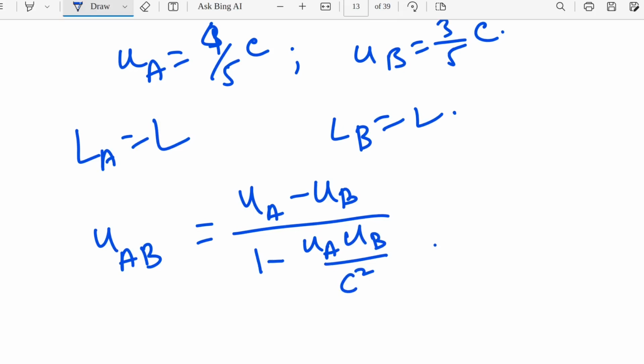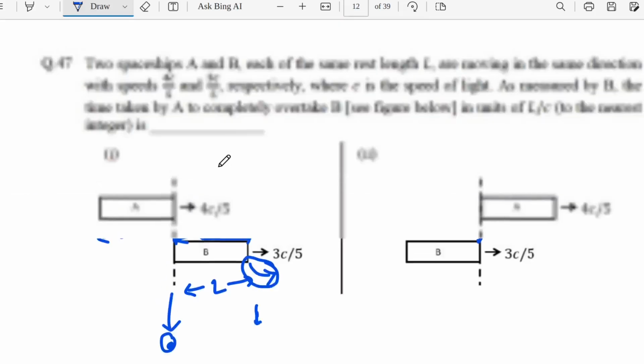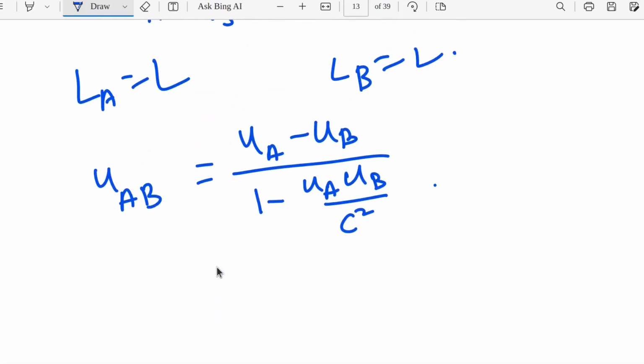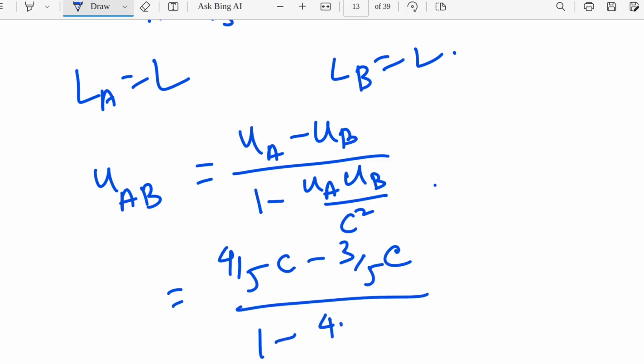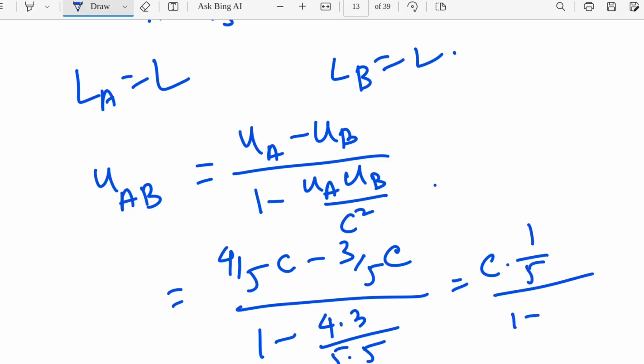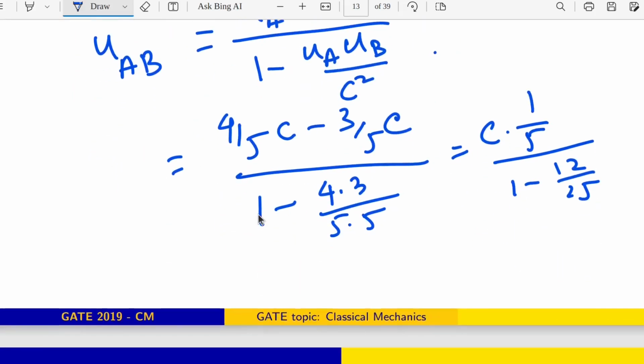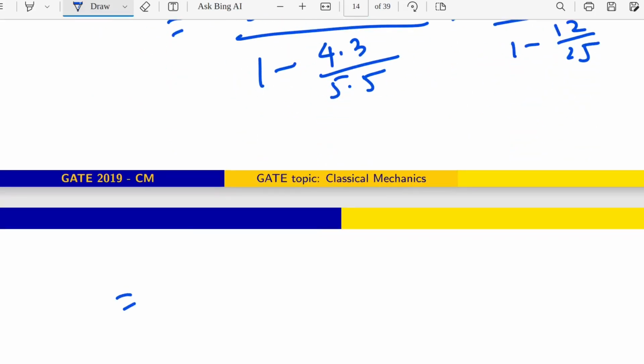So this is the relative velocity of A compared to B. UA and UB are given, so if I put these in, it will be 1 minus 4 into 3 by 5 into 5, and c square cancels out. Now if I calculate a little, it will be c by 5 divided by 1 minus 12 by 25. So c by 5 divided by 25 minus 12, nothing but 13.